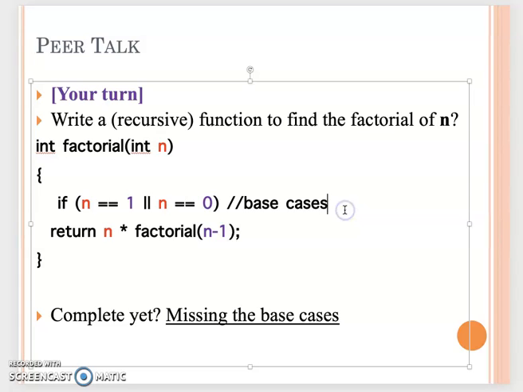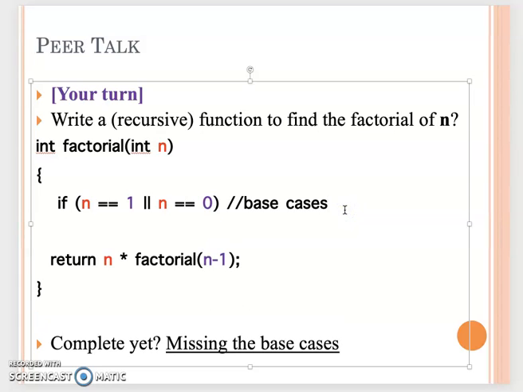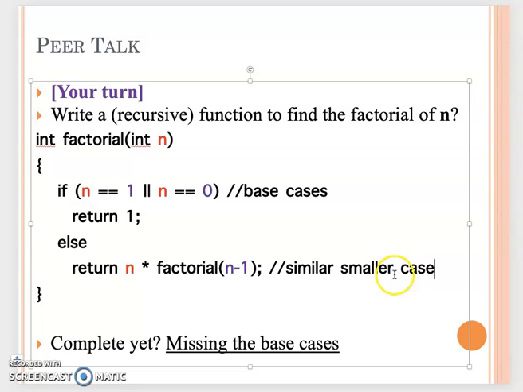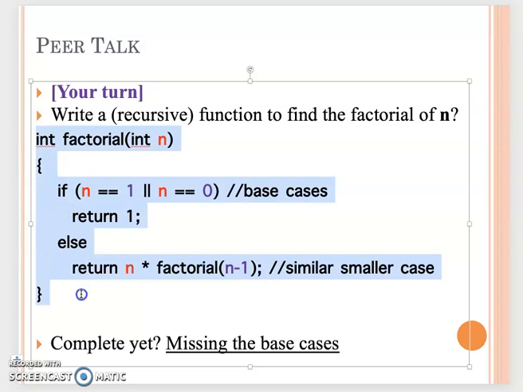So in the base case, if n equals 1 or equals 0, we return 1. Earlier we said n times factorial of n minus 1 is the similar and smaller case. So now we have the factorial function ready.